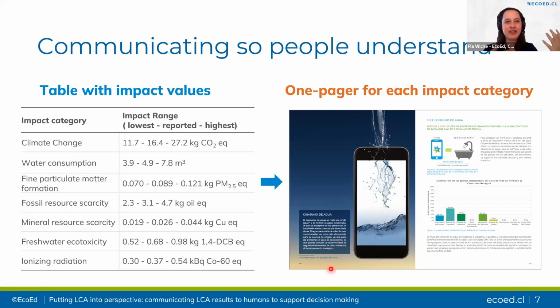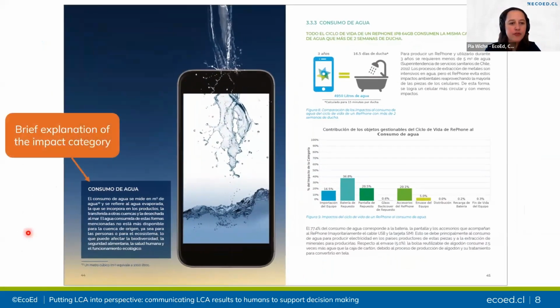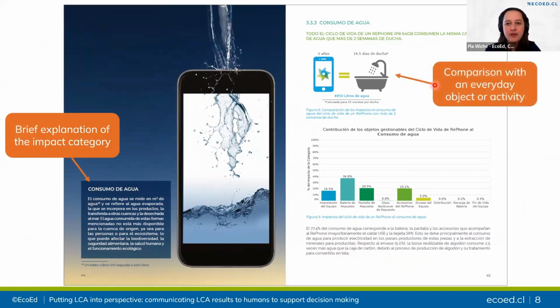So it kind of gives you an idea that there's water somehow embedded into this phone, which is absolutely dry, right? It's a dry product, but there's water in it somehow. And there's a little description of the impact category. So what does it mean? And all of this is in Spanish, and I'm sorry about that, but this project was in Spanish.